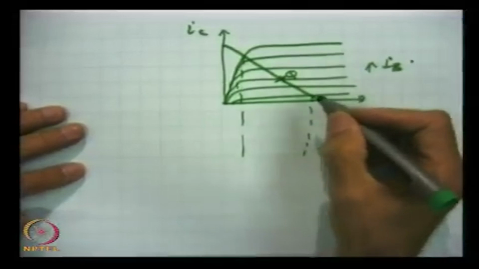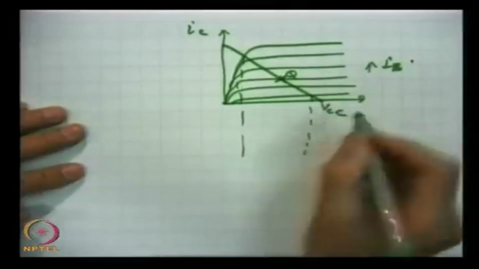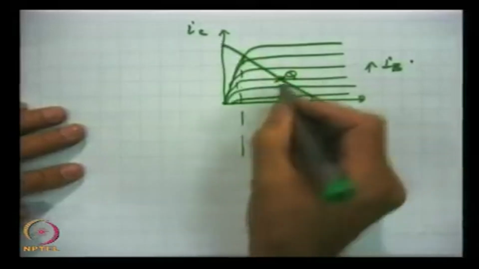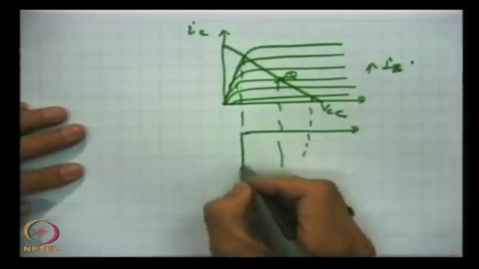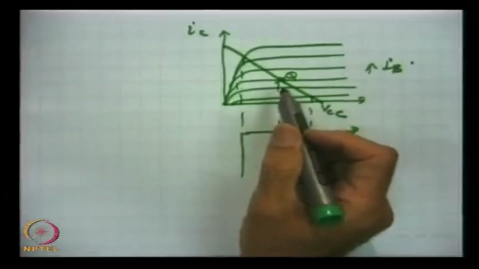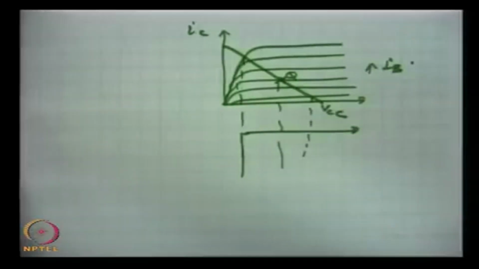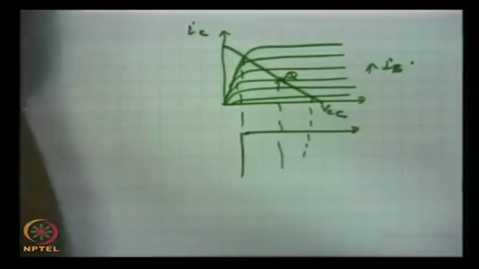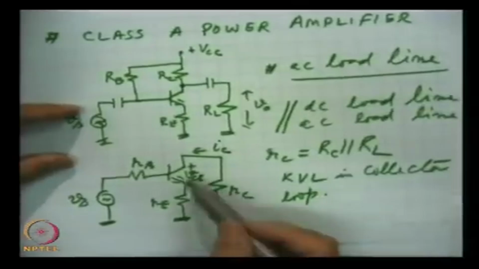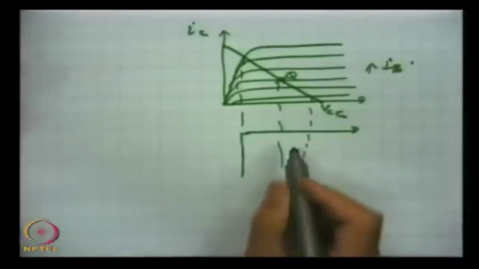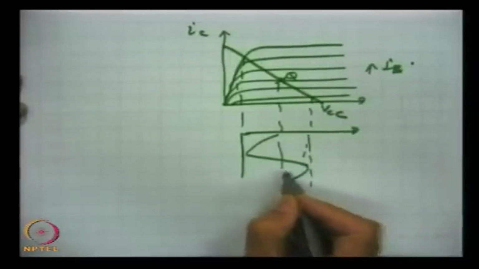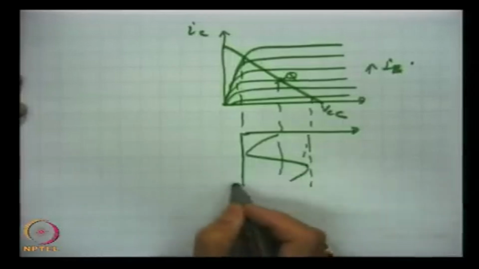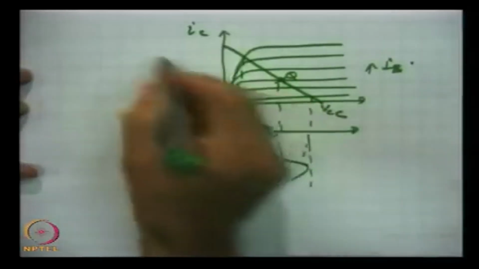This is VCC, and this is how the voltage across this transistor will vary, and accordingly the current will vary.